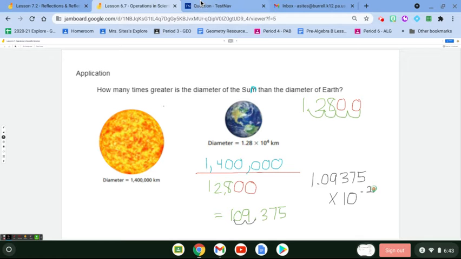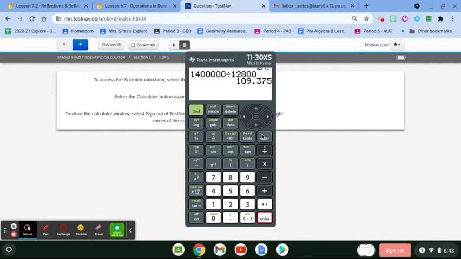And I'm going to just check to make sure that I did that correctly. Okay, you can see I did not, so it's a nice way to double check.